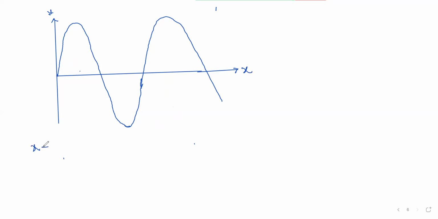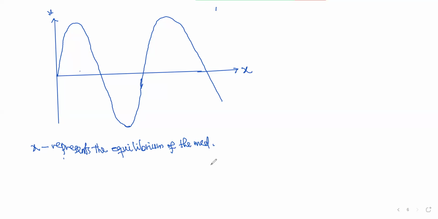X represents the equilibrium position of the medium. And here, what does it mean?